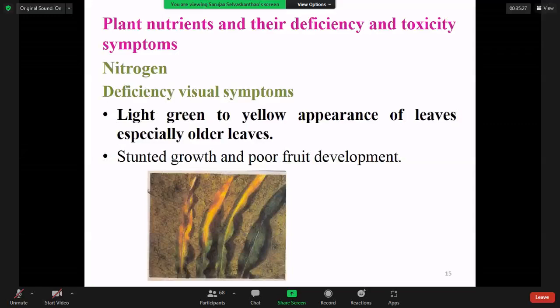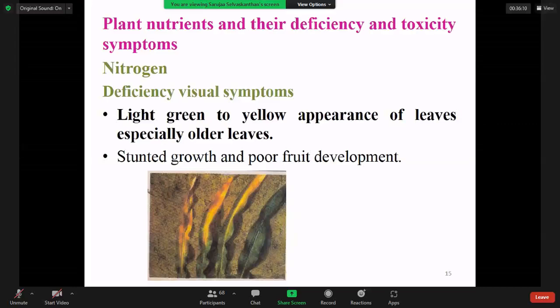And stunted growth: due to nitrogen deficiency, the vegetative growth will be reduced, because nitrogen is more needed for vegetative growth. And poor fruit development. If the fruit development is poor, ultimately the yield and the quality of yield are less. These are the deficiency symptoms of nitrogen: the light green to yellow appearance, especially in the older leaves, stunted growth, and poor fruit development.